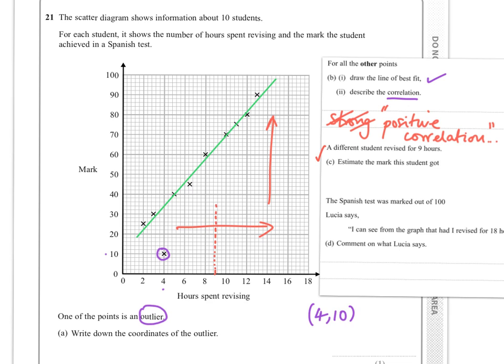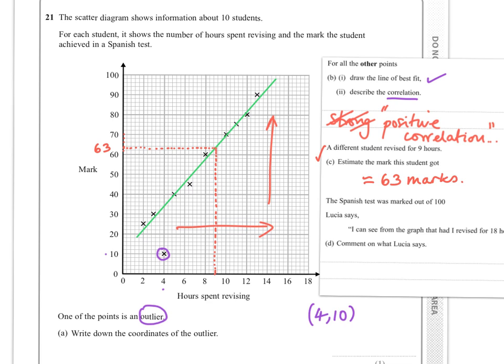So I go from 9 here, go to my line, and then read along really carefully, but you'd use a ruler. And look at the scale, so 62, 64, 66, 68, 70, so I'd say around 63. So the estimate of the mark would be around 63 marks.